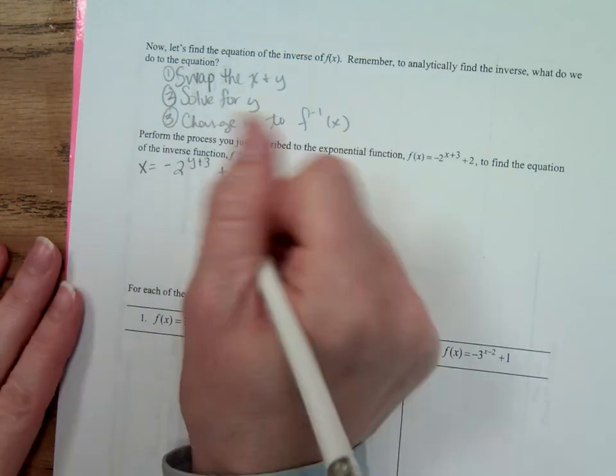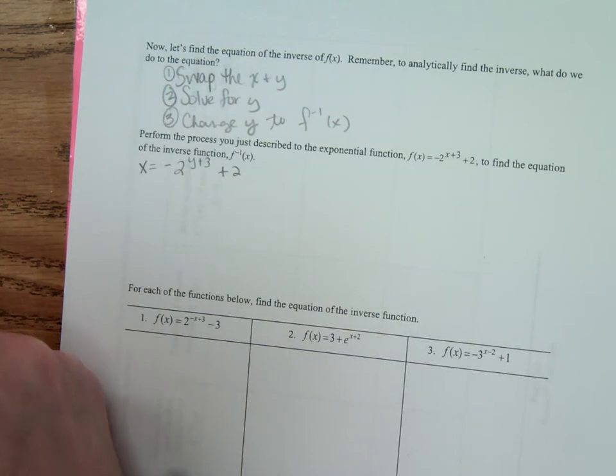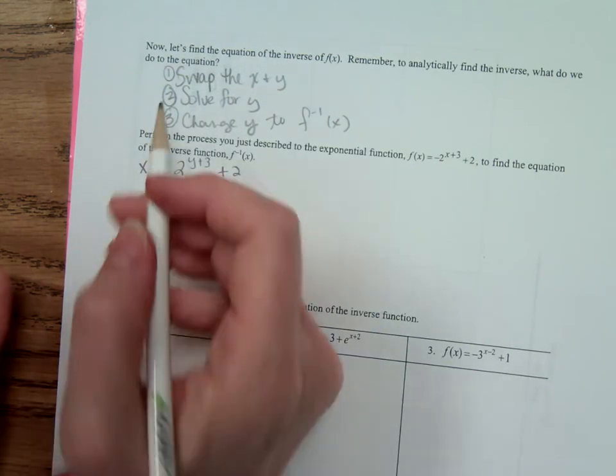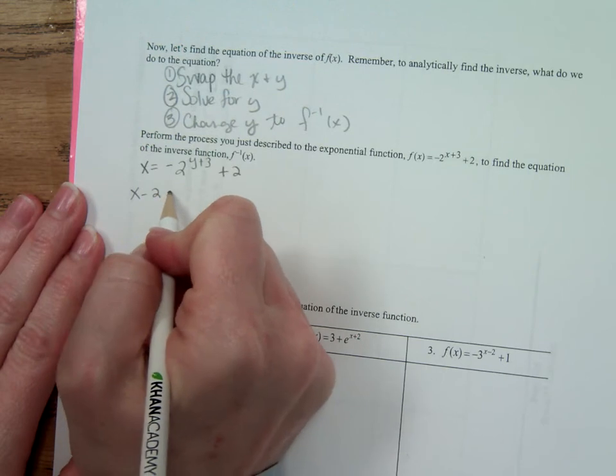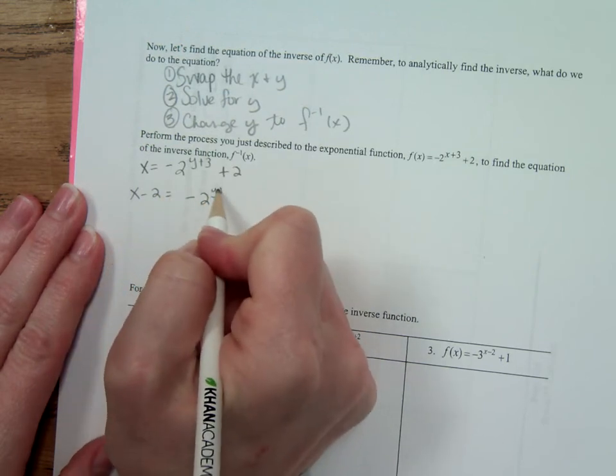How do I solve this? What do I need to do first? Subtract 2 from both sides. Alright, so I got x minus 2 equals negative 2 to the y plus 3.